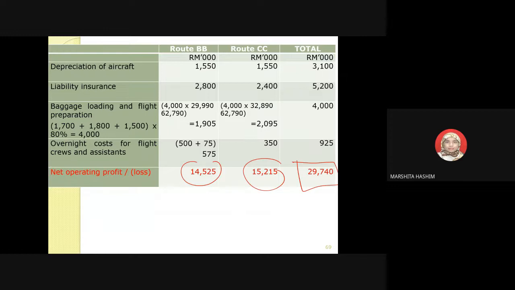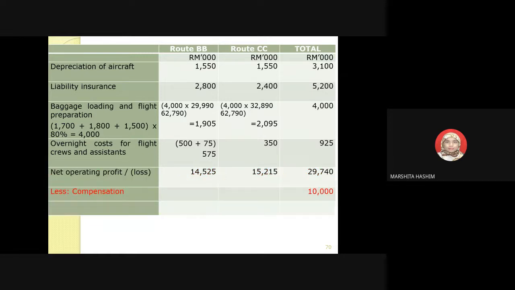Requirement B, advise whether they should drop or continue. Before that, don't forget your compensation. Compensation you can write at the beginning or at the top, but put it under the last column only, because the question is silent and we cannot simply put it under A or B. Record your compensation under the company as a whole, or you can record it after you get your net profit for route B and route C. You have to pay.